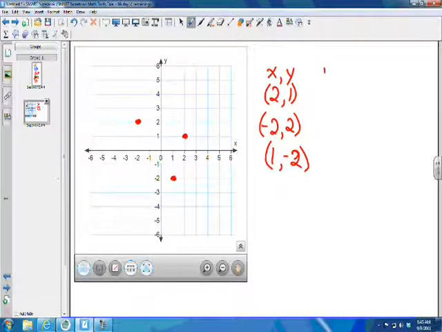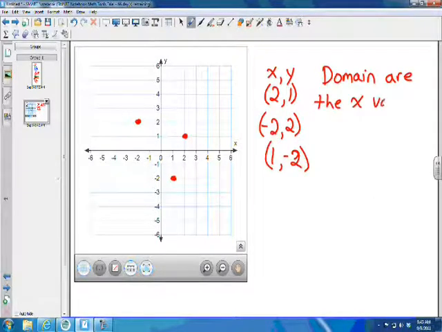So the next topic that we cover in this section is domain and range. Domain are, or is, whichever way you want to look at it, the X values. It's made up of the X values.